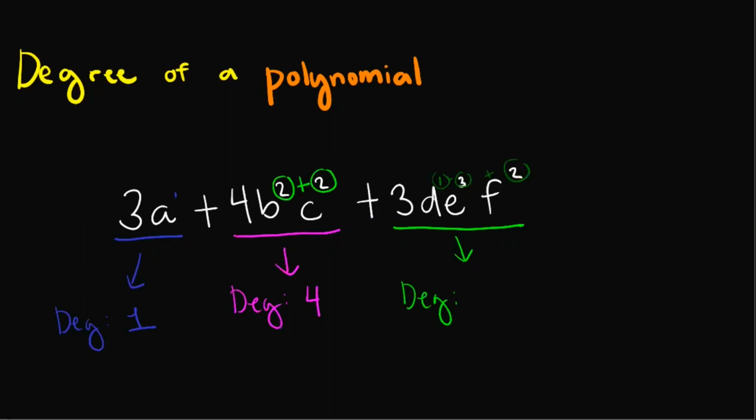So the outcome of that one will be 6. So comparing again its terms, we know that its degree is 6, since it's the highest among these three terms. And so the degree of this polynomial is 6.